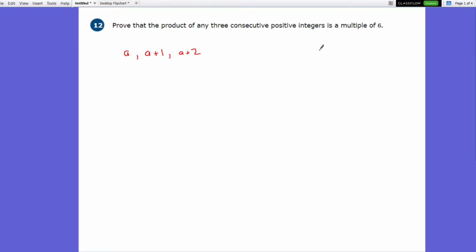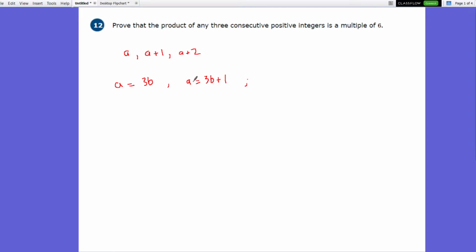Before we start, let's decide what we're going to assign a to be. a can be a multiple of 3, so let's call it 3b, or a can be not a multiple of 3, but one bigger than a multiple of 3, so we call that 3b plus 1.